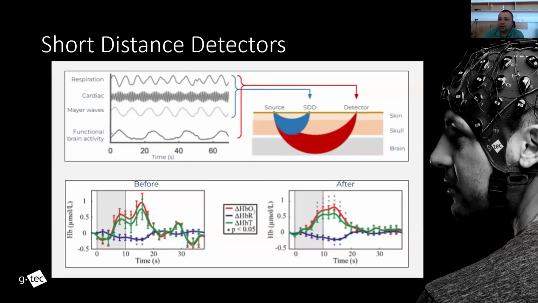In the upper picture, we can see the respiration, cardiac, Mayer waves, and the functional brain activity. In the lower left plot, we can see the contaminant signal. The lower right plot shows the clear HbO and HbR signals from which the above shown non-cerebral signals were subtracted.